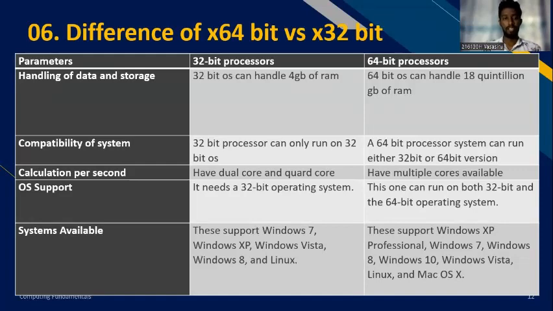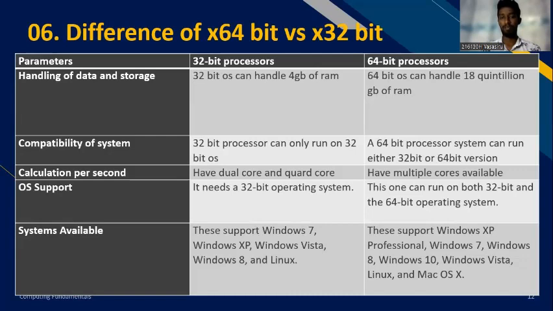Here is the key difference. 32-bit processors are capable of handling a limited amount of RAM, and 64-bit processors can handle much more.